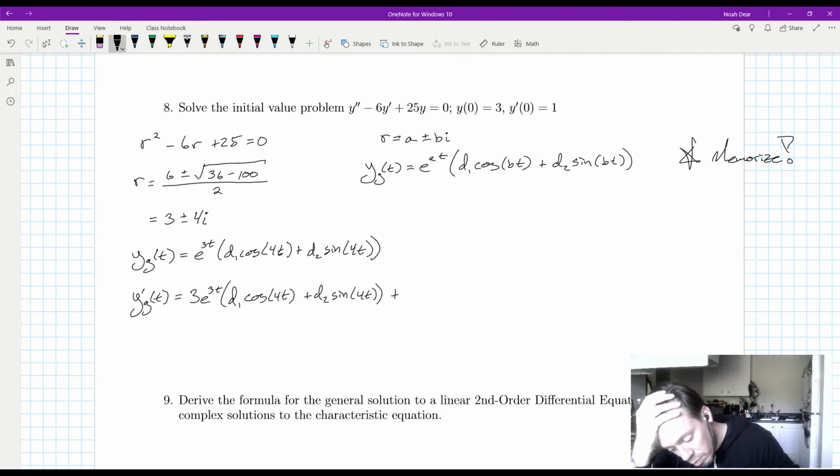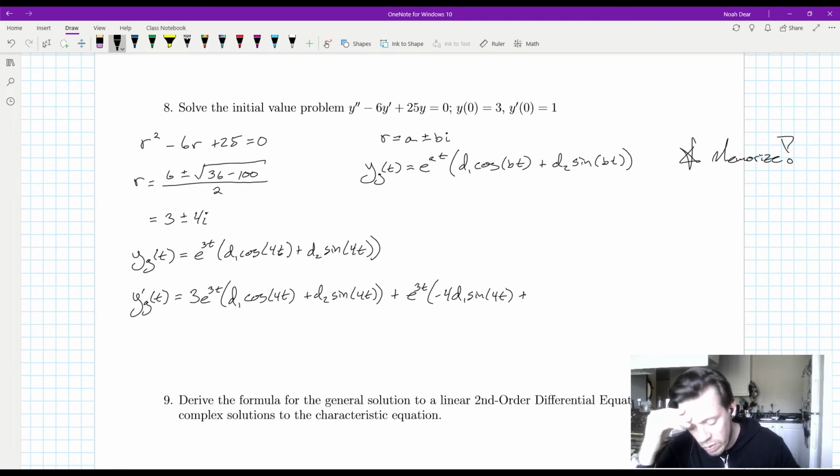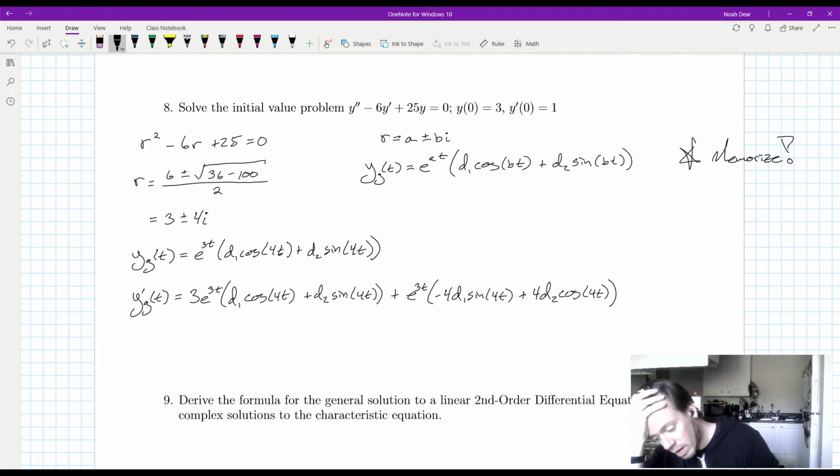Close that out, plus the first e to the 3t times, in parentheses, the derivative of d1 cosine of 4t is negative 4 d1 sine of 4t, plus the derivative of d2 sine of 4t is a positive 4 d2 cosine of 4t. Close that out.